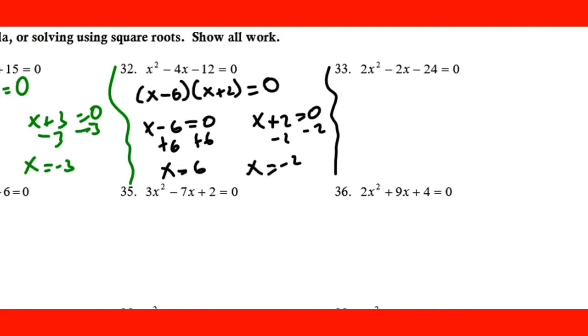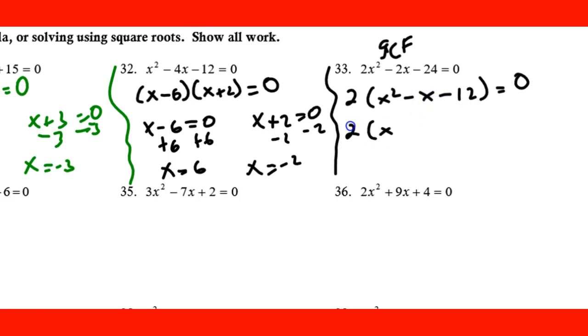Now right here, let's start by taking out the GCF. I take out a 2. I'm left with x squared minus x minus 12. Can we factor this? Yeah, we can.